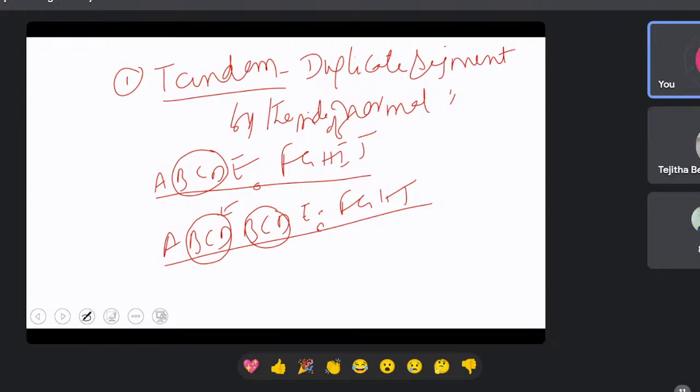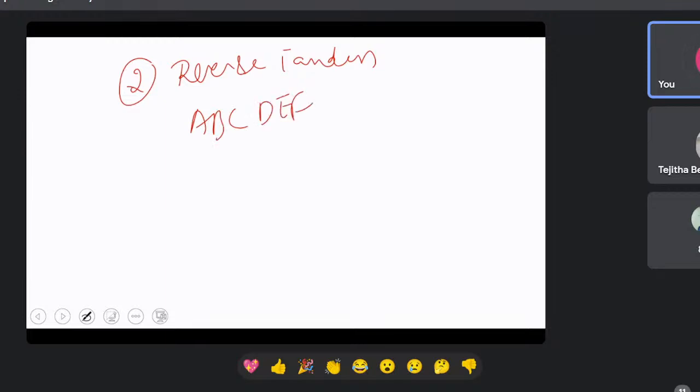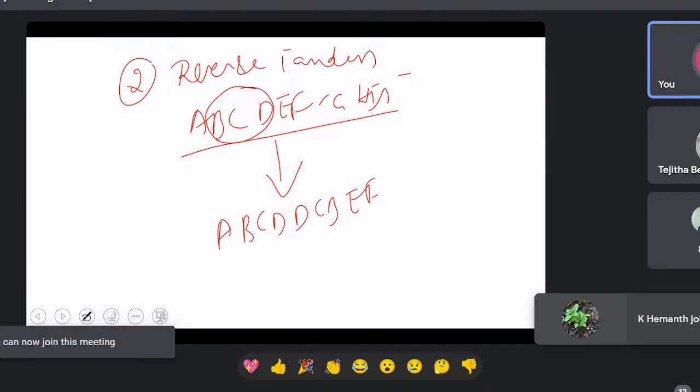The second one is reverse tandem duplication. What happens here? This is ABC, DF, GH, IJ. In reverse tandem duplication, the segment is duplicated again: ABCD, DCB, EF, GH, IJ.